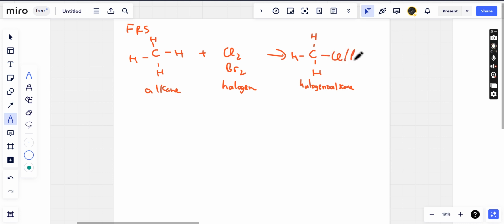Either chlorine or bromine, and then you produce HCl or HBr as a gas, as a byproduct. So the condition under which this reaction occurs is UV light.